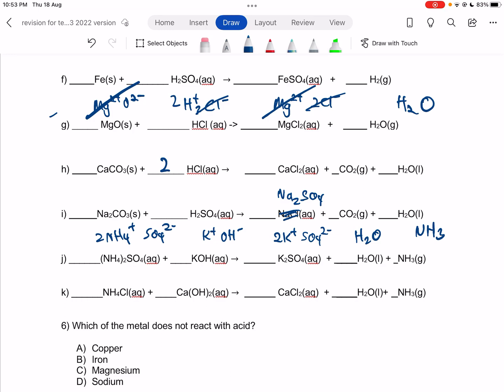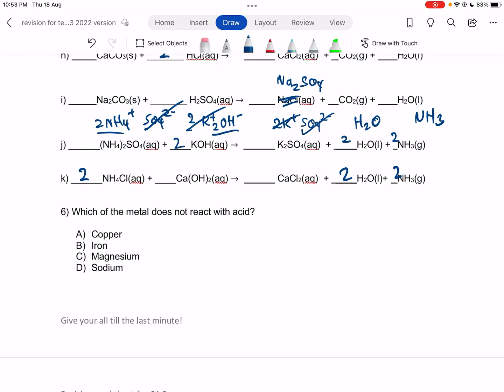So let's see, sulfate settled. This one not settled. K+ now then settled. So I put a 2. Then you have 2 sets of NH4+ and 2 hydroxides, right? So usually this would be 2 and 2. Okay, what else? This one put 2, 2. Then next one, which metal does not react with acid?